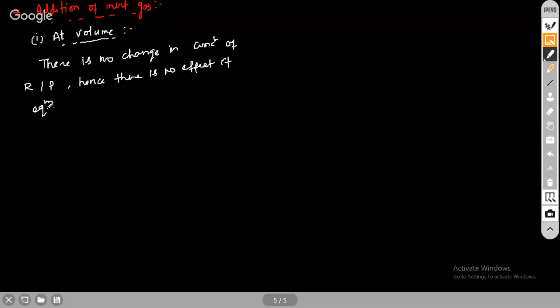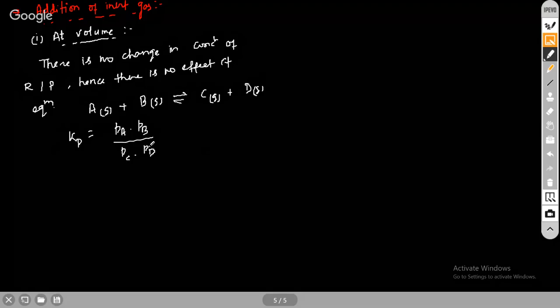Example, you see, suppose I have taken this reaction, A gas plus B gas gives C and D. Now in this, what we write, the Kp value is equal to what? The Kp value is equal to partial pressure of A into partial pressure of B divided by partial pressure of C into partial pressure of D, right?